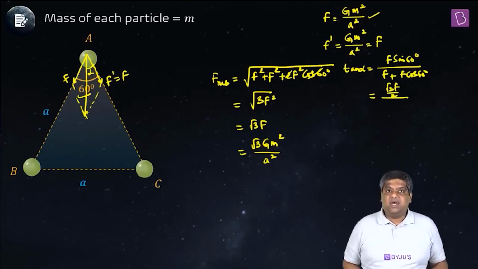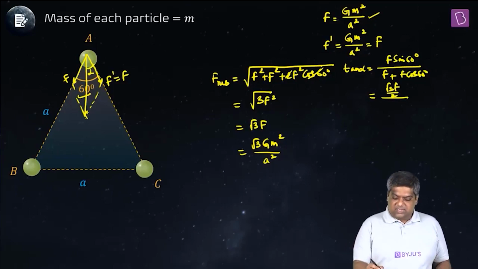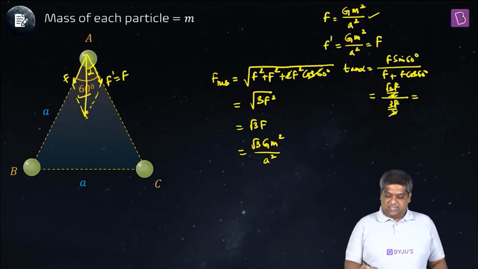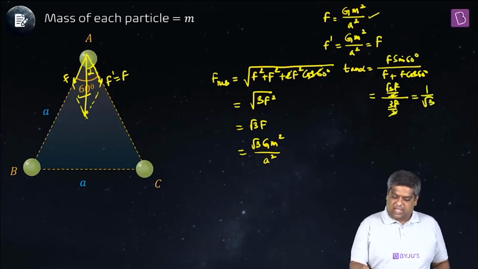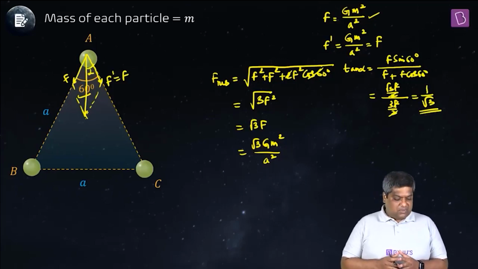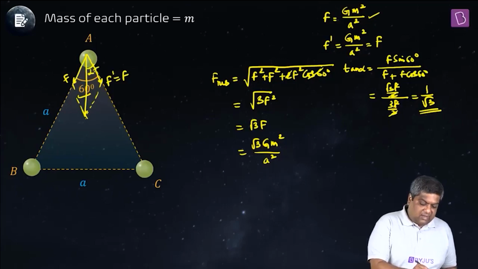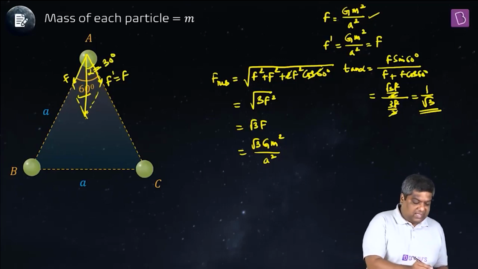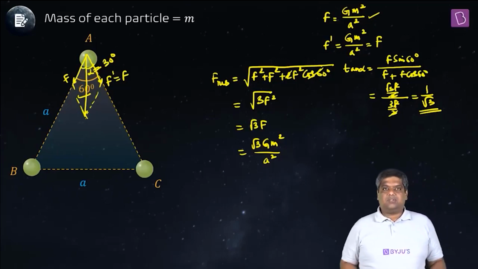Cos 60 is half. So it will be F plus F by 2, which is 3F by 2. F by 2 gets cancelled. So I'll have root 3 divided by 3, which turns out to be 1 by root 3. Tan alpha is 1 by root 3, which implies alpha is nothing but 30 degrees. So the resultant force makes 30 degrees with one of the vectors. It should also make 30 degrees with the other vector also. Why? Because the total angle is 60 degrees.